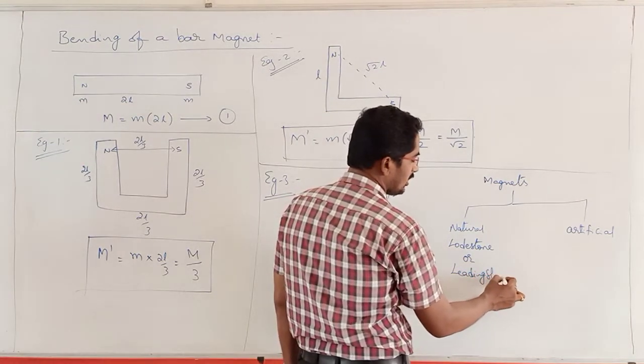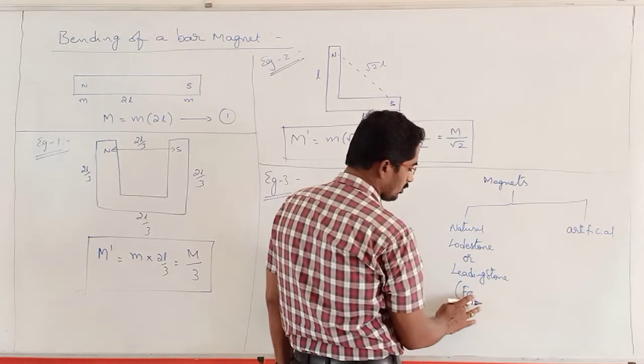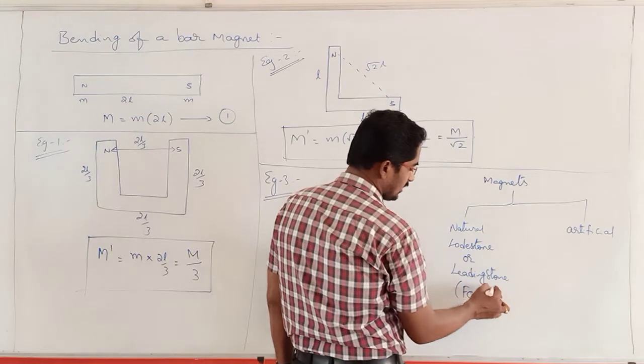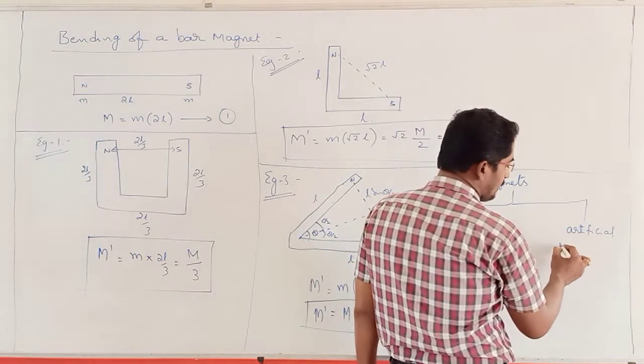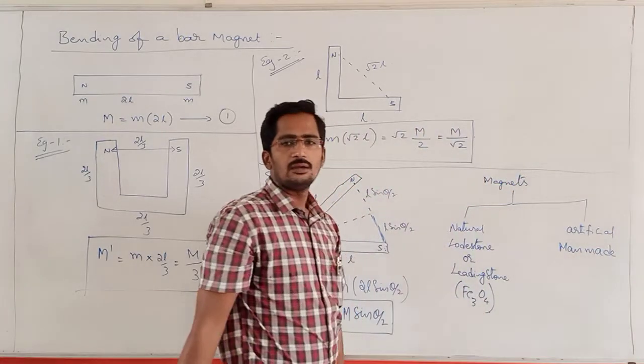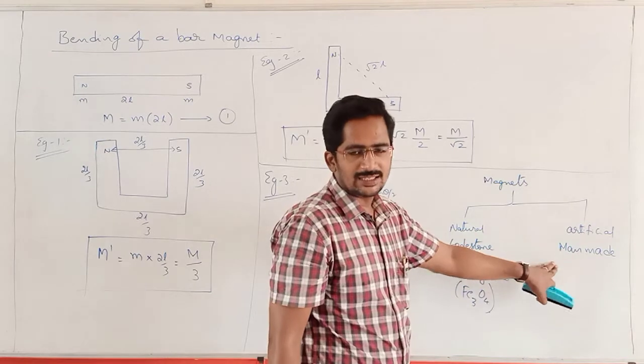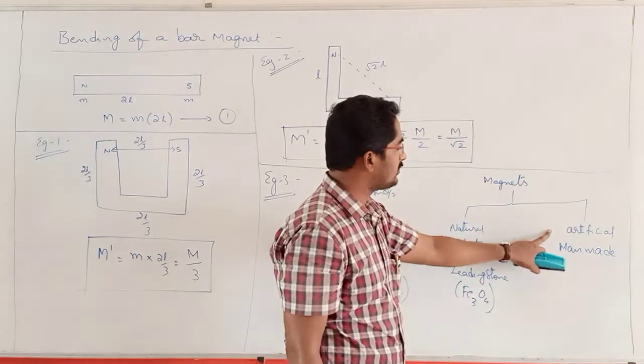It is a natural magnet. Its chemical formula is Fe3O4, ferrous oxide. And artificial means man-made ones. To make them, we use steel or cast iron.